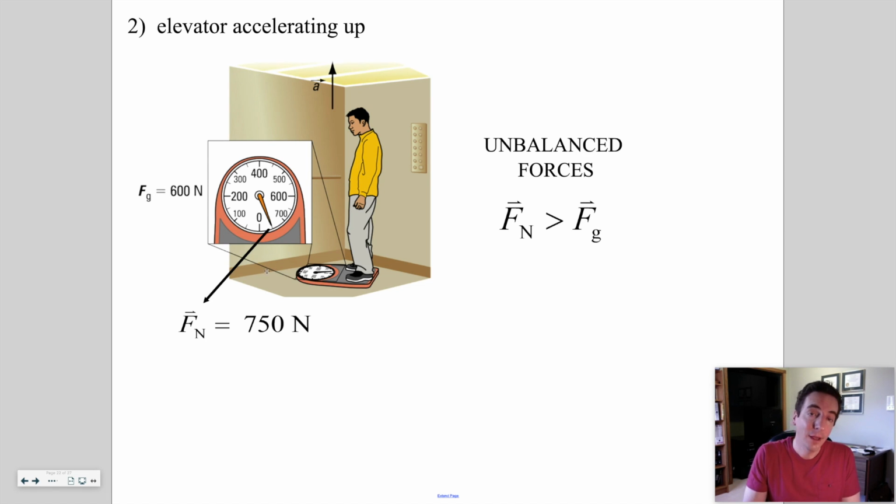However, the scale reads 750 newtons. We call that reading the student's apparent weight. Their mass hasn't changed and the acceleration due to gravity hasn't changed, but because the scale is accelerating up, the apparent weight of the person is now increased to 750 newtons.